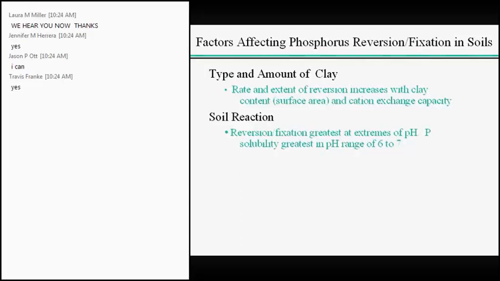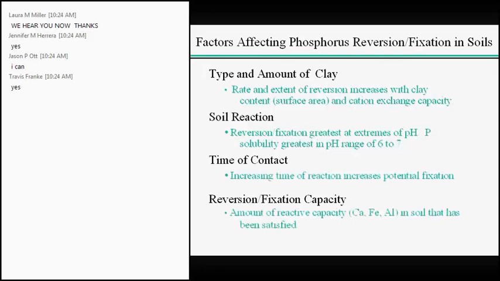The reversion reaction is going to be mainly at pHs greater than 7, where we start to see the solubility of phosphorus decrease. So again, the solubility of phosphorus is greatest somewhere between a pH of 6 and 7, and its optimum pH is about 6.5.